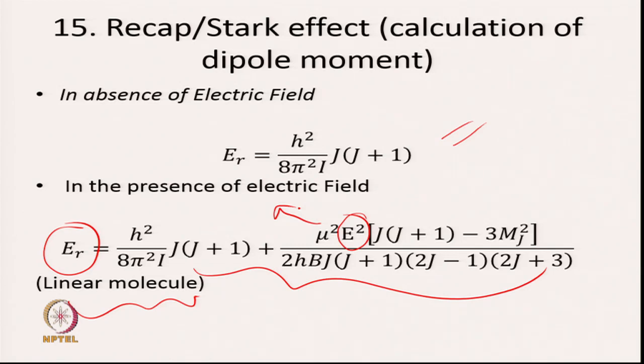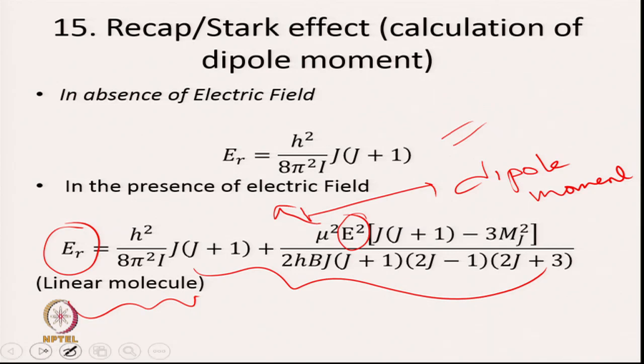versus E square, what I am going to get is mu square, which is basically here. Please do not confuse this mu with the reduced mass. This one is your dipole moment. So, if you plot E_R versus E square, where E is your electric field, you can get the dipole moment of a molecule.